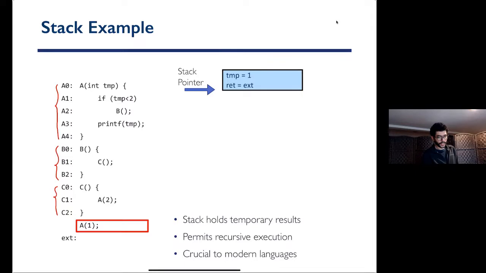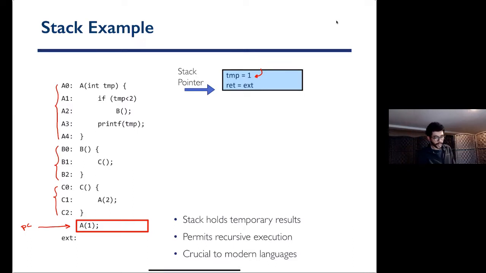Let's assume that PC is here, and we want to execute A1. This is a function call, and the variable to this function is 1. So we push that to the stack as the variable temp. Now, where do we want to return?